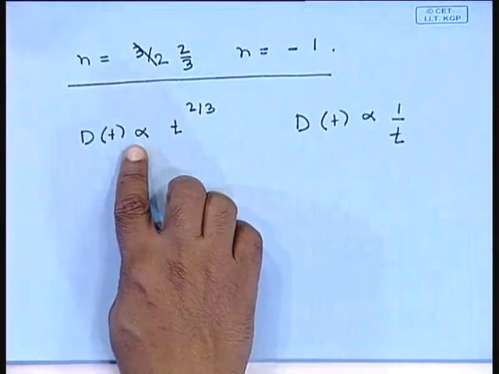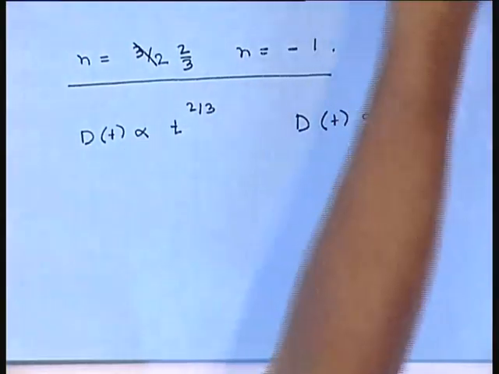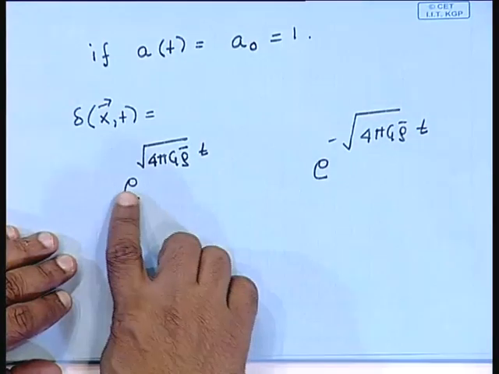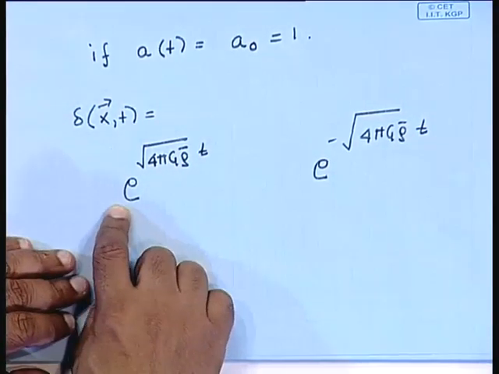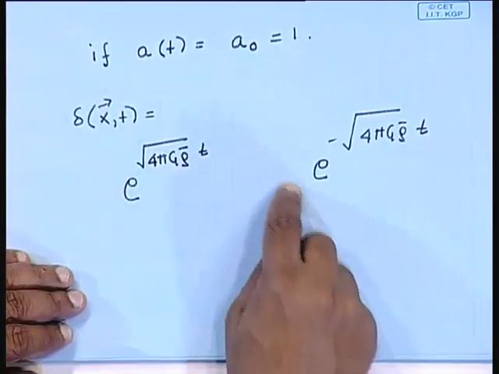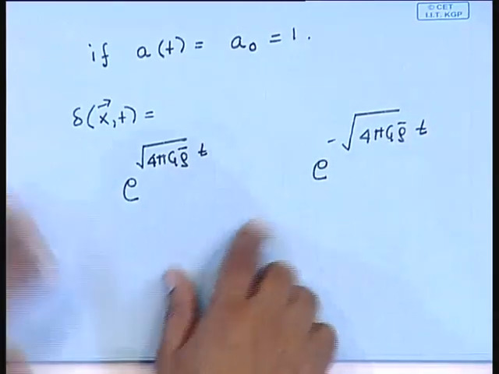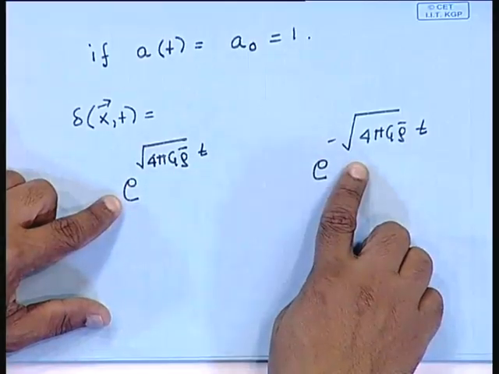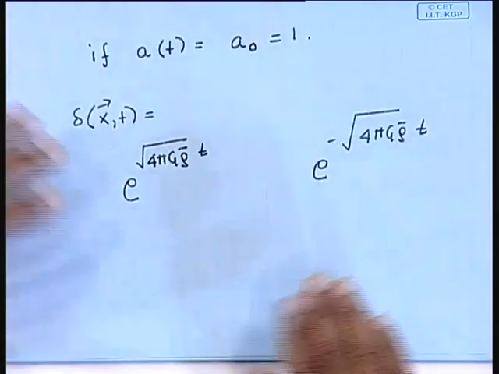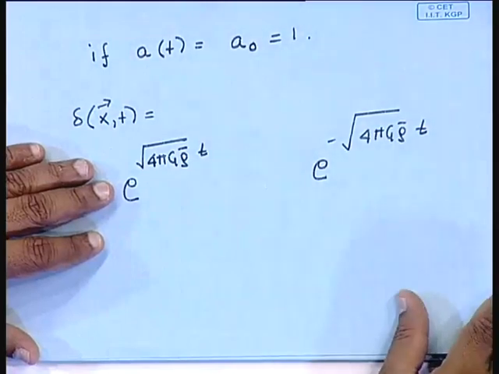It is a power law in this case. So, in the absence of expansion, you have a part of the perturbation that grows exponentially like this, a part of the perturbation that decays exponentially like this. And I had told you that if you put an arbitrary perturbation, it will be a combination of this and this. A part of it is going to grow, a part of it is going to decay away.